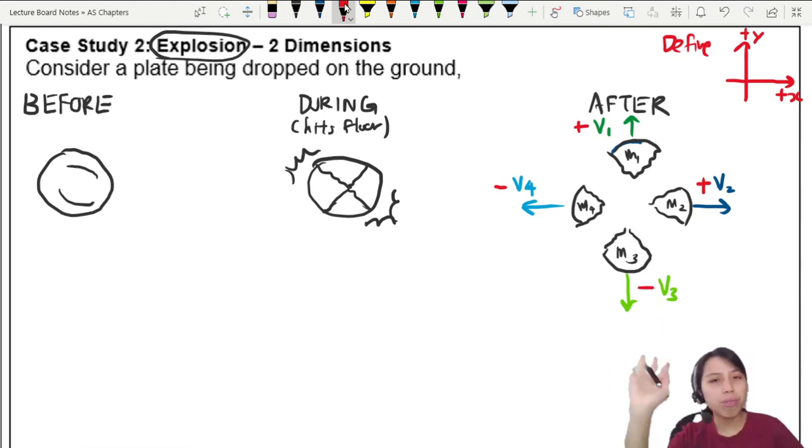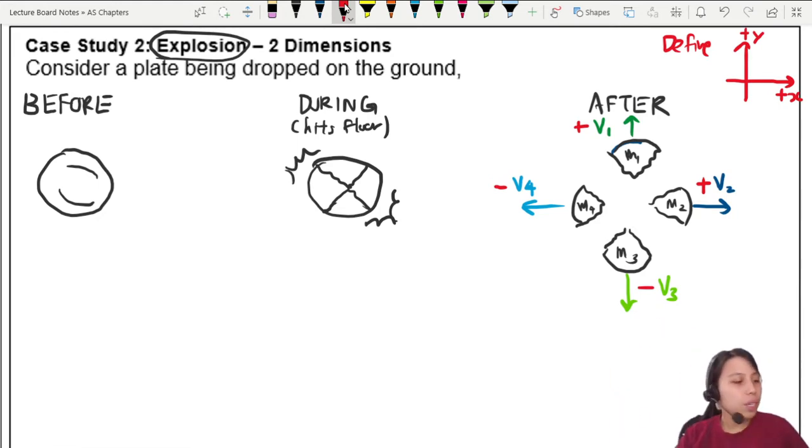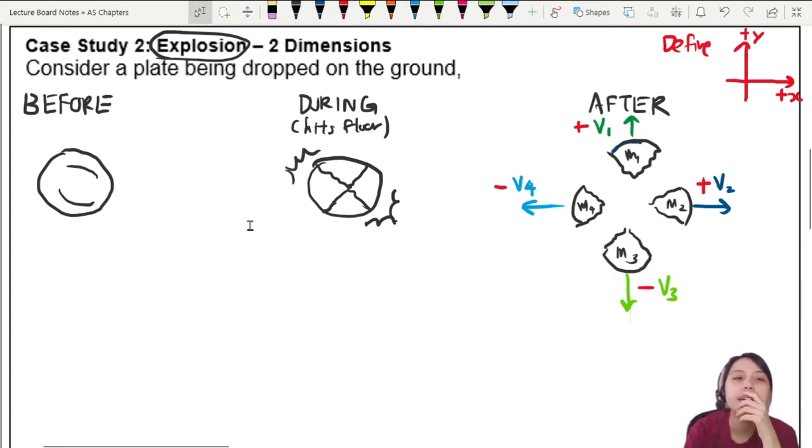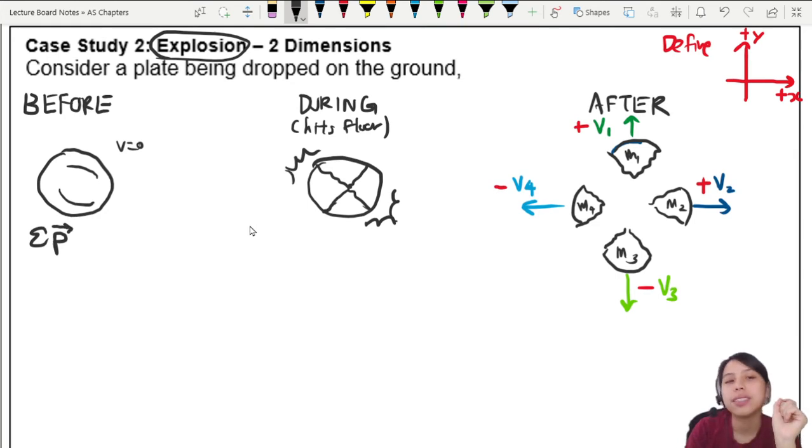So all this up, down, left, right must be conserved. How do we write out the conservation of momentum here? Let's go back to before anything happened in the first place. What is the total momentum? If you think about it, nobody's moving, so the total momentum vector is 0.